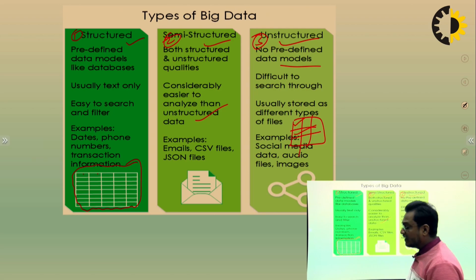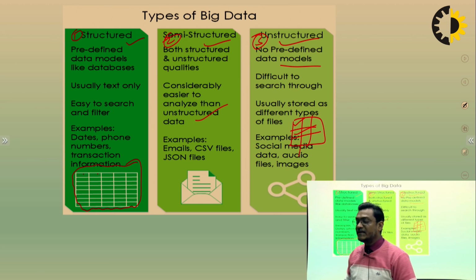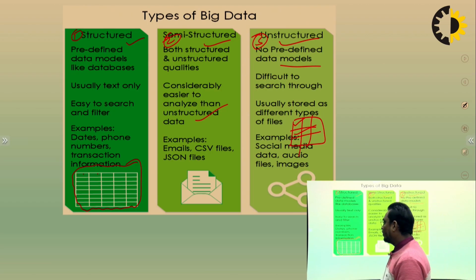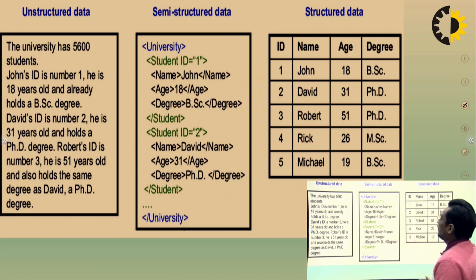And if the data is not stored in tables, rows and columns, it is very difficult to find or search the data. It is usually stored as different types of files. Examples are social media data, audio data, files and images. This is the example of unstructured, semi-structured and structured data.